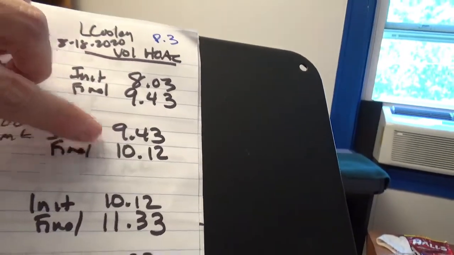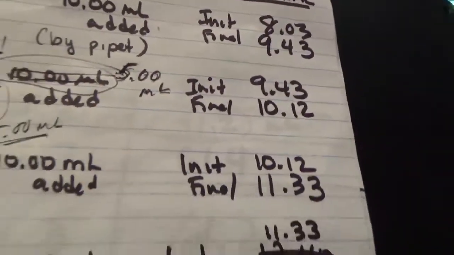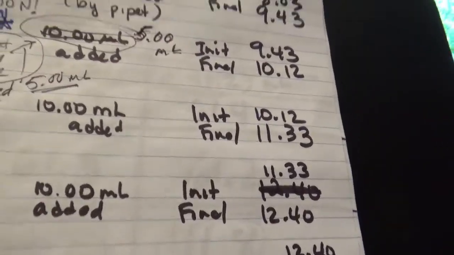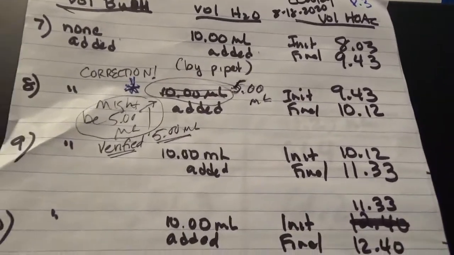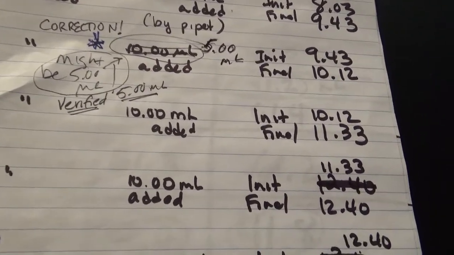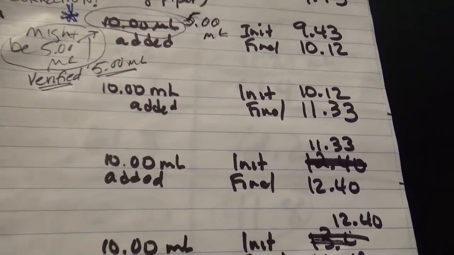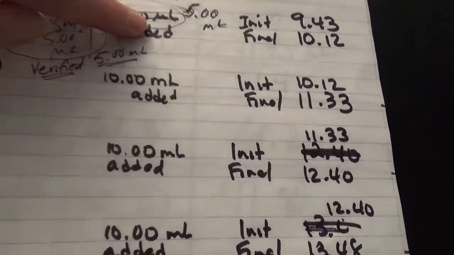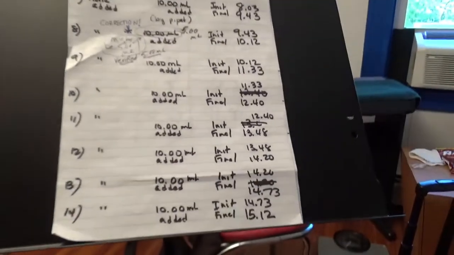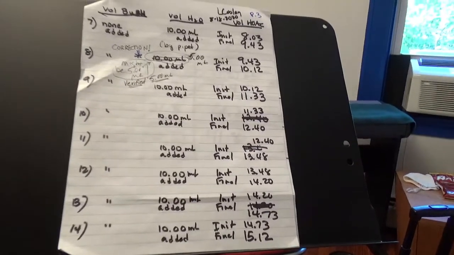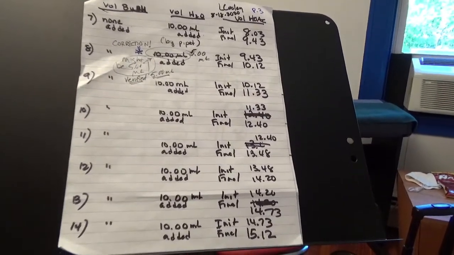This is well under a milliliter. But the evidence that I used was the length of time that it took the water to flow for the 10 milliliter versus the 5 milliliter pipette. So I'm pretty sure about that correction. So this is only 5 mils added, and this is 10, 10, and 10 until the end. Okay, so those are all 10s there until the end.